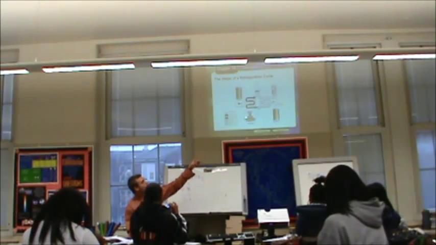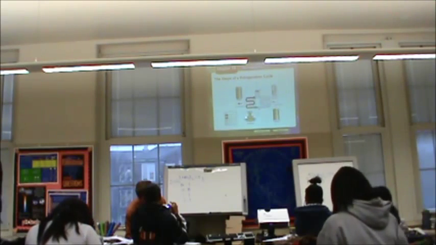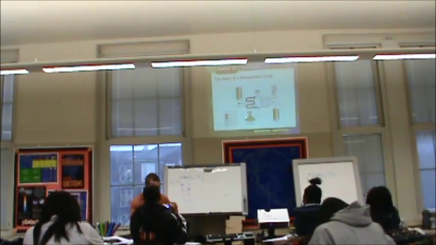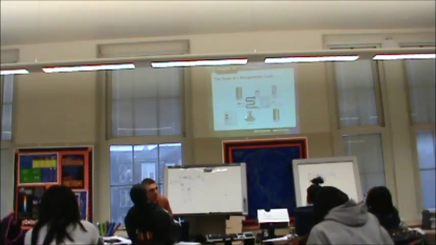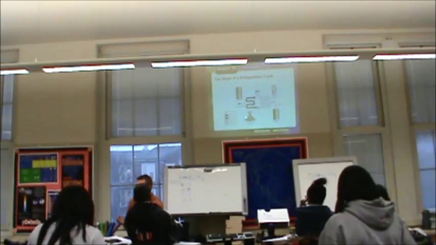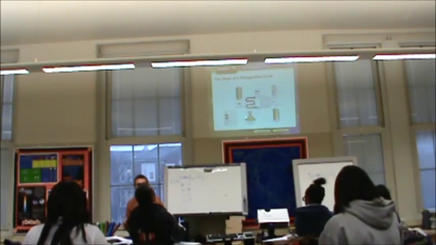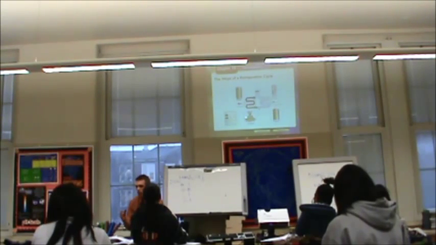So we're going to start at essentially D, around here, on the bottom, and I'm going to kind of explain what's going on. Okay, so the refrigerant in your refrigerator and freezer has a very low boiling and melting point. What does that mean to you?